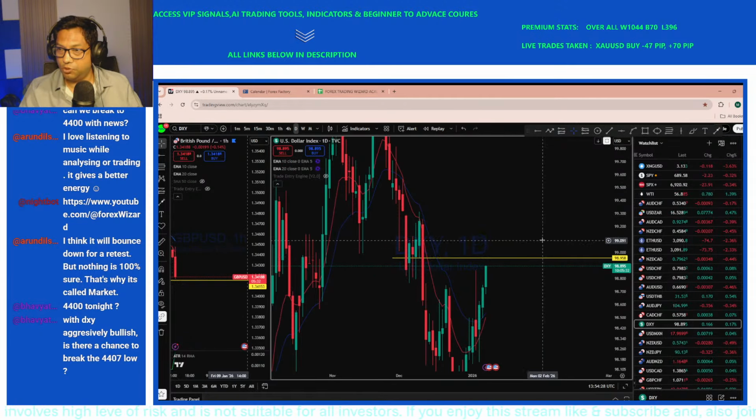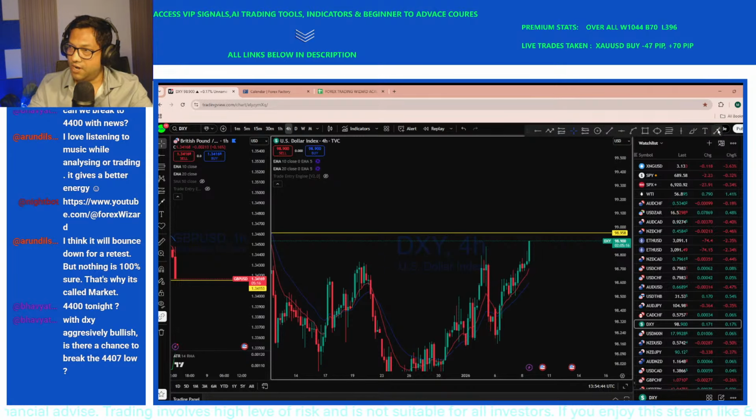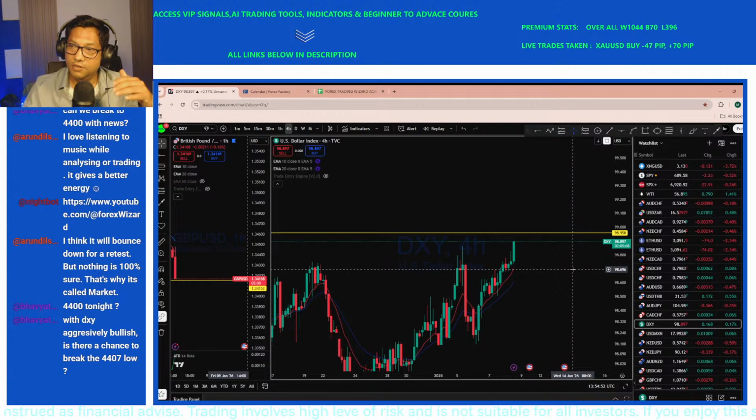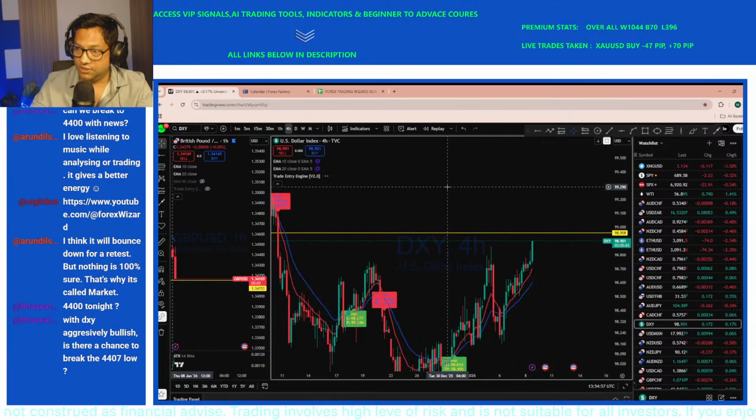Because it's approaching that key level, that might bring the market back below. But I think everyone sees the same thing, that there is a possibility of a lower time frame bullish trend that we can see here.